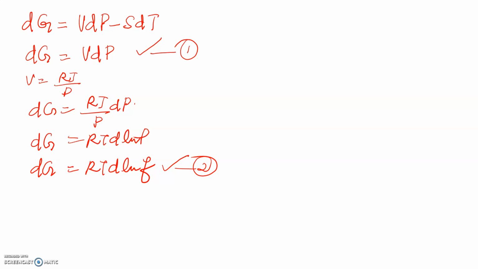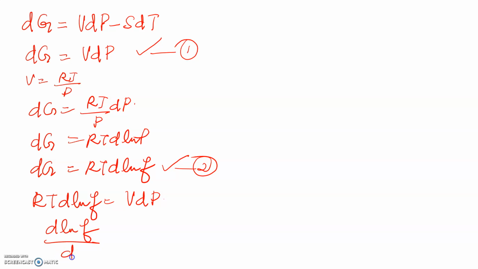At very low pressures, we can assume that real gases behave ideally, and equations 1 and 2 represent the same function, and hence RT d ln f is equal to V dP. From this, we can write d ln f by dP is equal to V by RT. Let this be equation 3.